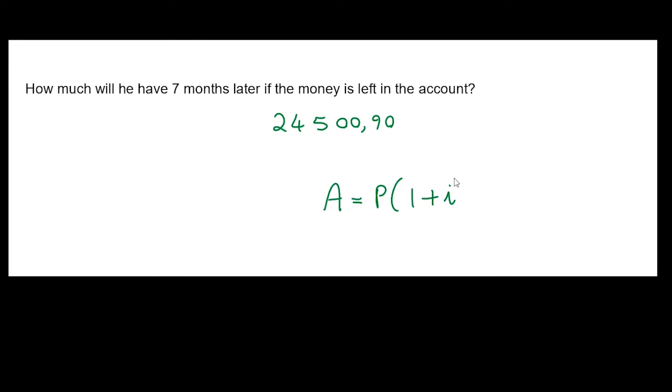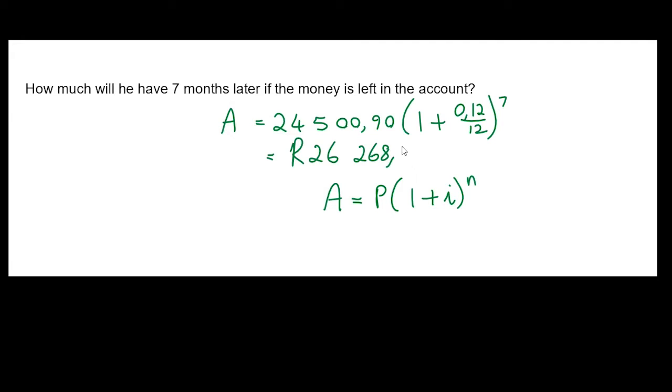So we're going to put 7 months' worth of interest onto 24,590. We get 1 plus, remember the interest rate, 0.12 over 12, to the power of 7. And we get 26,268 Rand and 28 cents.